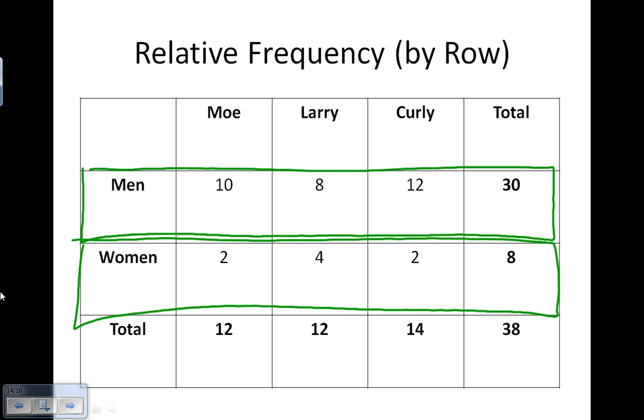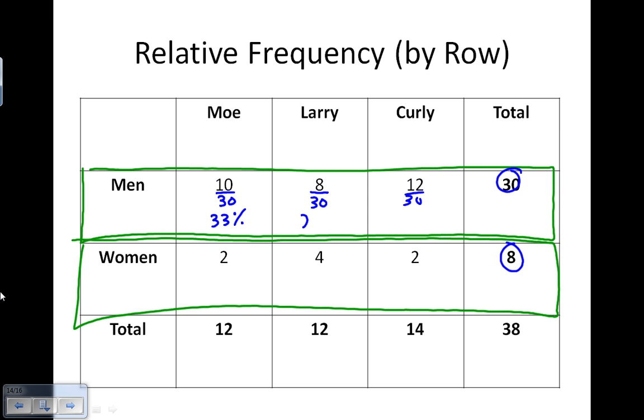So rather than divide by 38, now I want to divide by the totals that are in the row. So when we're looking at men, we know that 10 out of 30 of the men voted for Moe. 8 out of 30 of the men voted for Larry, and 12 out of 30 voted for Curly. Well, I already know this is 1/3, so this is about 33%.